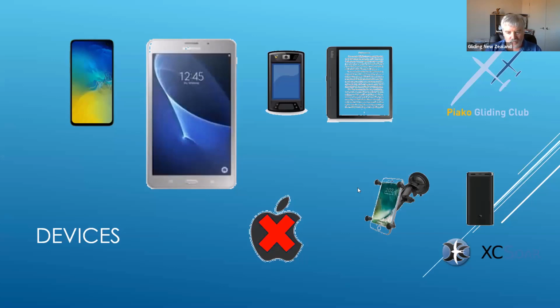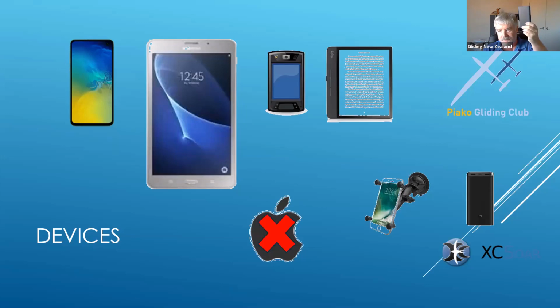Now, once you have your device, you need some way to put it somewhere where you can see it. These RAM devices, which work on suction cups or RAM balls, are quite good. Some people find some way of strapping them to their legs or something like that. The other thing that you might want to consider is a power pack.